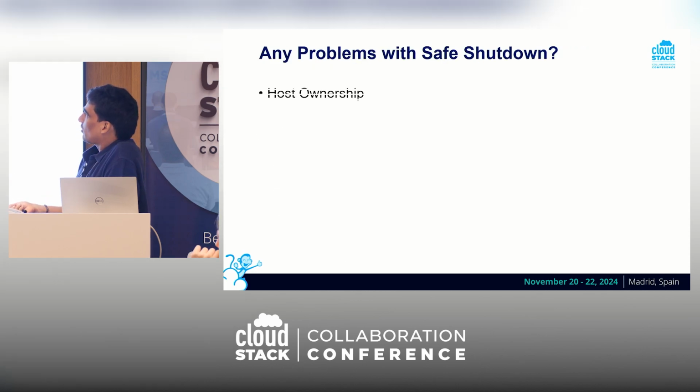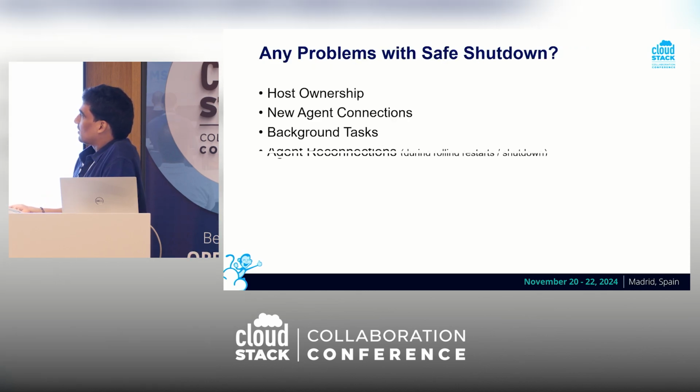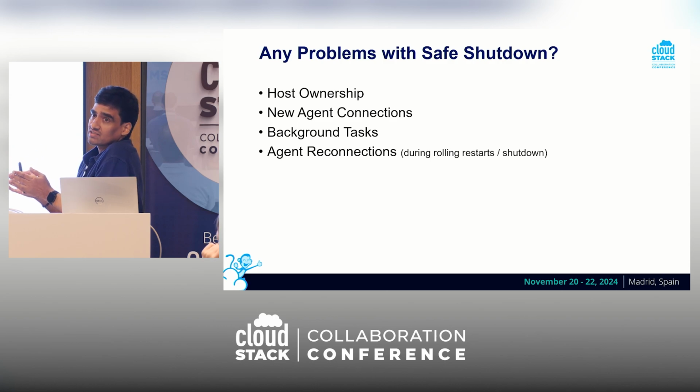So now the problem here is that after it is in ready for shutdown state, all the hosts connected to the management server, which owns those hosts, still listen on port 8250.